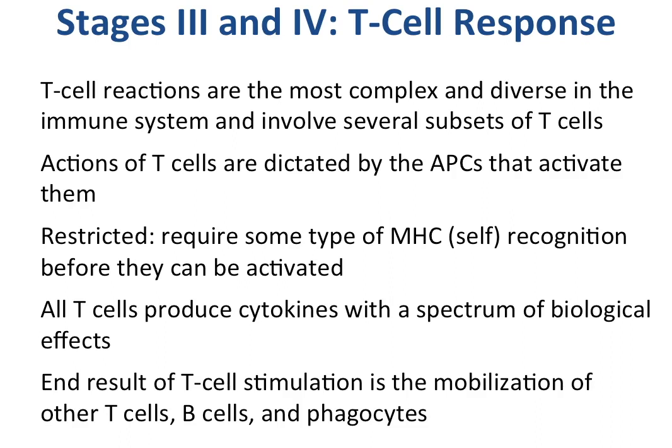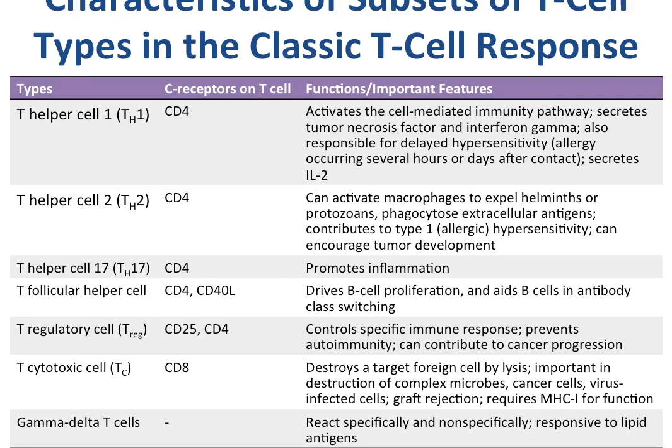However, they also require MHC recognition and to eliminate the potential false recognition. And then the T cells can produce cytokines to attack the pathogens or induce other cells' maturation.